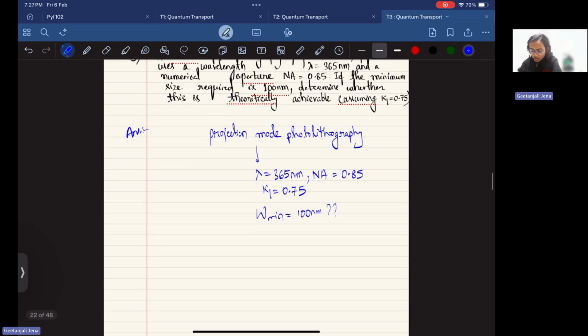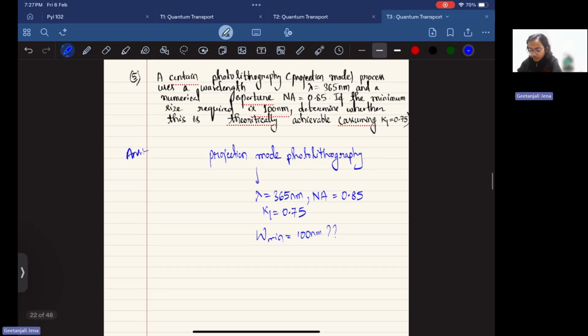So if you recall the projection mode photolithography, the minimum size is decided by the diffraction limit, which is W minimum. It is given by K1 lambda by NA.